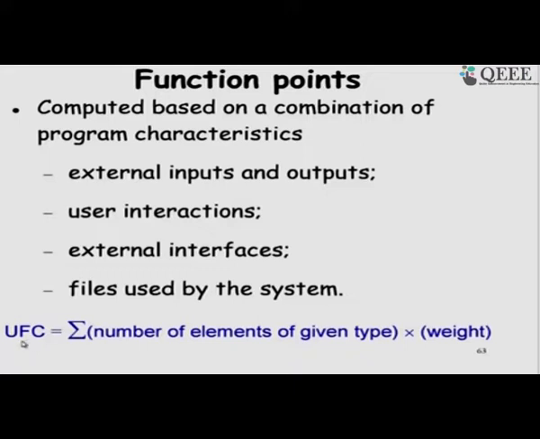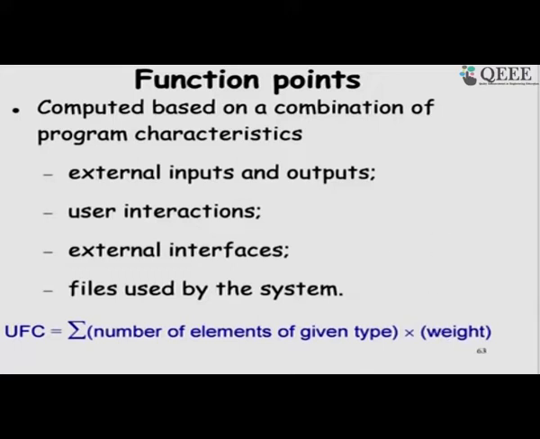So, the unadjusted function point, and here the weights that he obtained by regression analysis of several software. He did experimentation, and then he empirically assigned weights based on regression analysis.